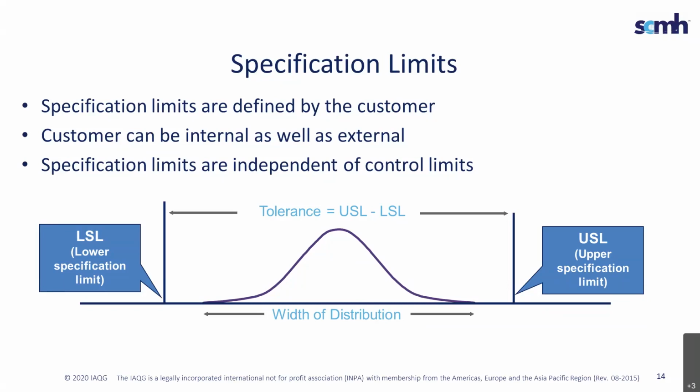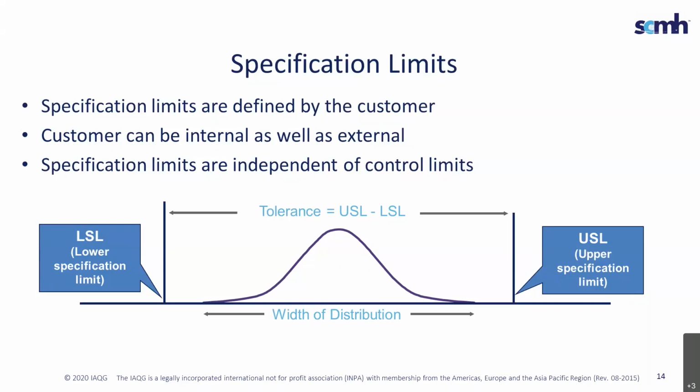All right. Now, sometimes we have internal process specifications, which are fine, or feature specifications. They may be tighter because we want to make sure we control it more than our customer wants, and we can actually create a capability against that number. And one thing I always want to caution against as well is that spec limits are independent of control limits, right?